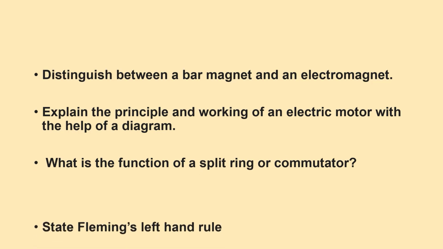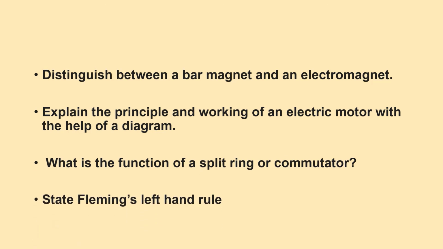Explain the principle and working of an electric motor with the help of a diagram. What is the function of a split ring or commutator in a motor? State Fleming's left hand rule.